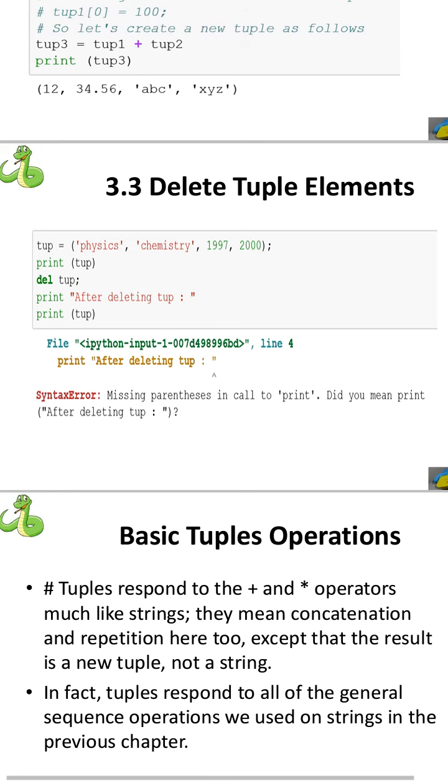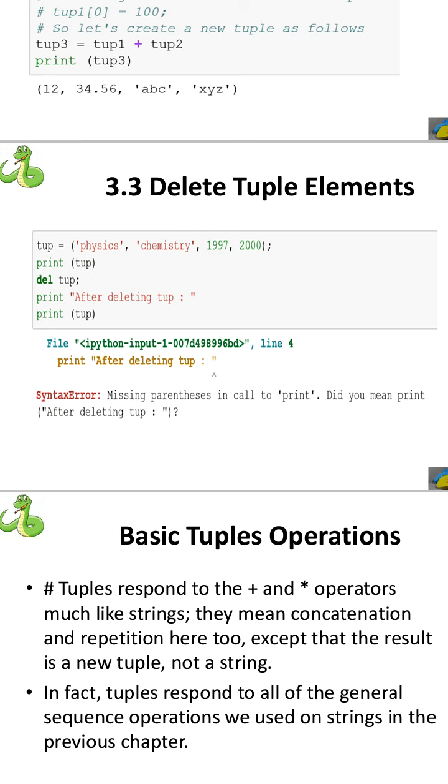That is one case. Another case is we cannot delete tuple elements one by one. Python provides a built-in function, that is the del function. That particular delete function will delete the entire tuple.